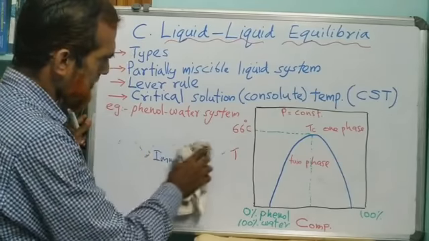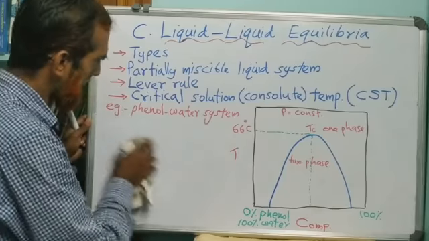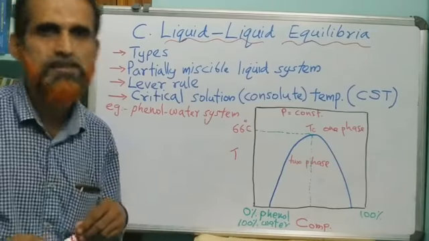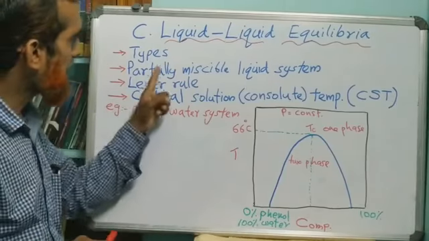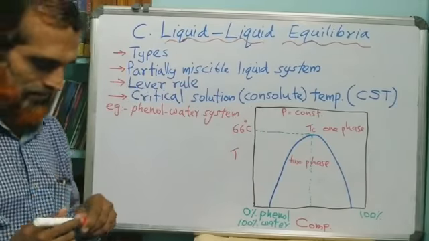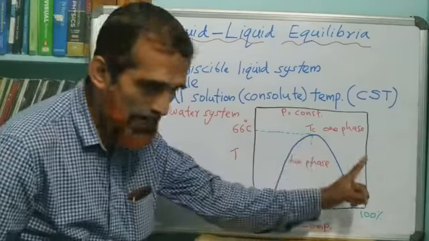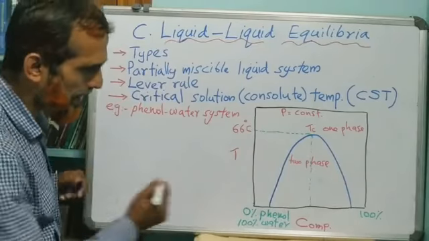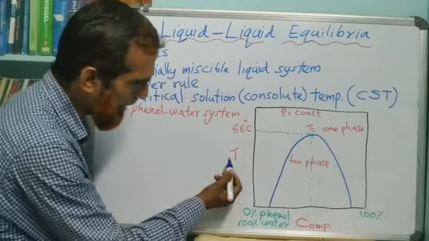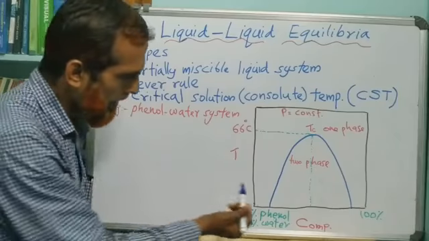Now, we have the example, that is the phenol water system, a partially miscible liquid system. So we have the phase diagram for this water phenol system here. As usual, temperature and composition are plotted.